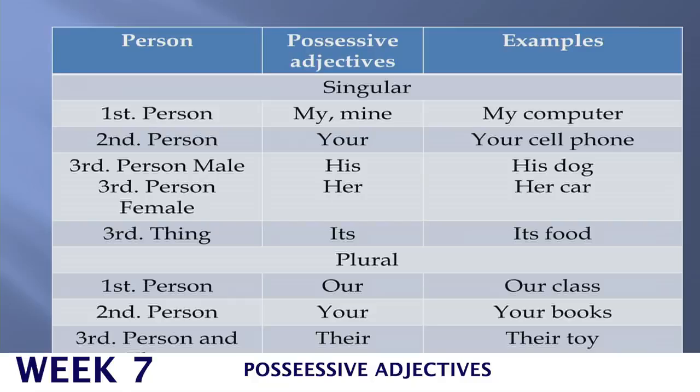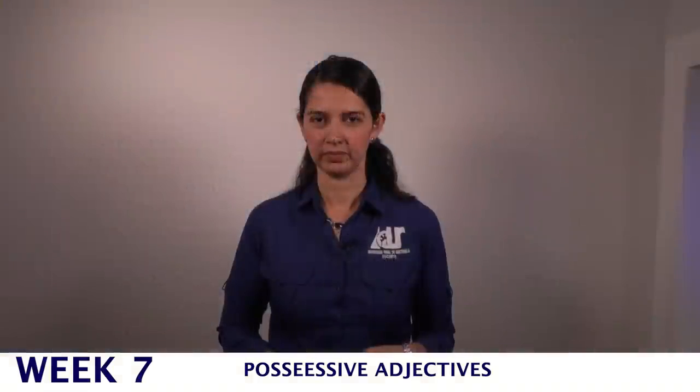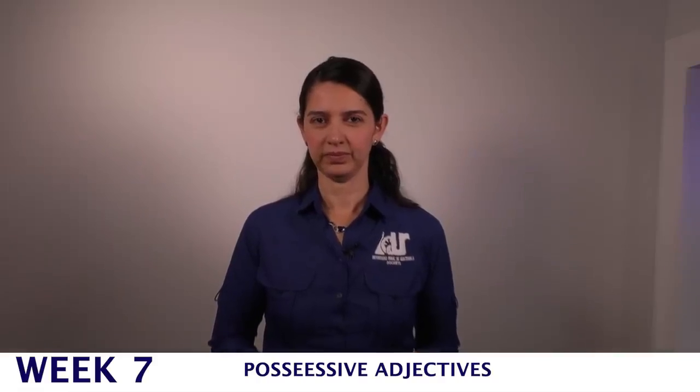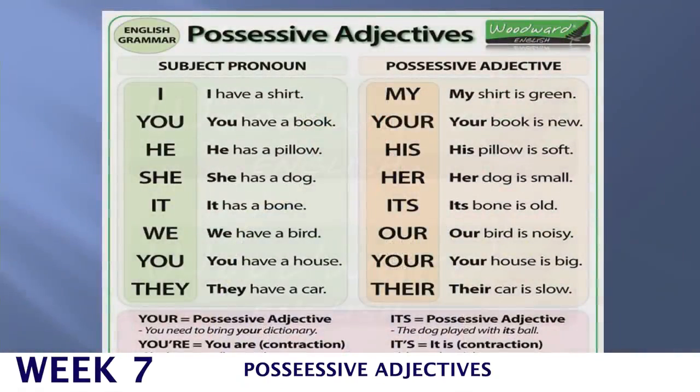So as you may see from all these examples, we have our possessive adjective, and then it must be followed by a noun. The noun can be either singular or plural. Now, can you give us some examples of how to use the possessive adjective with a correct noun, either in singular or plural form?